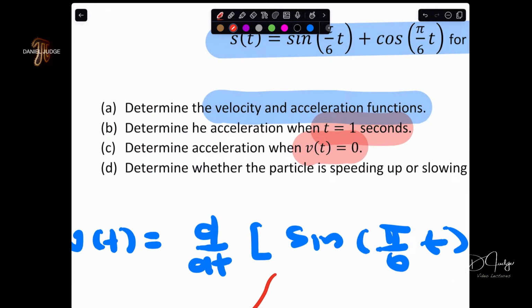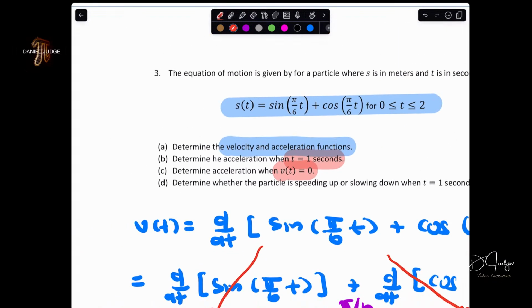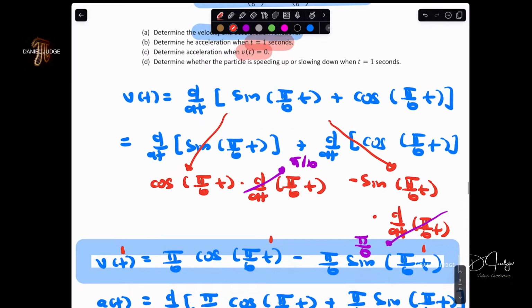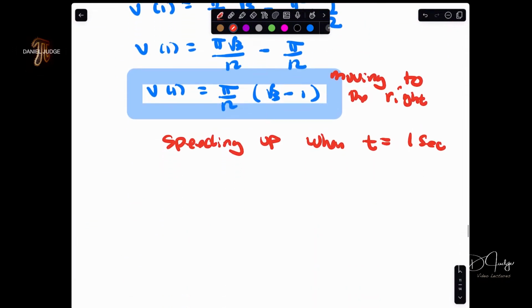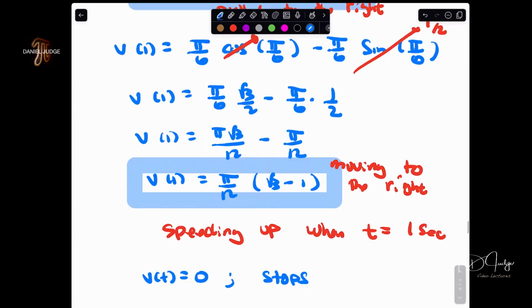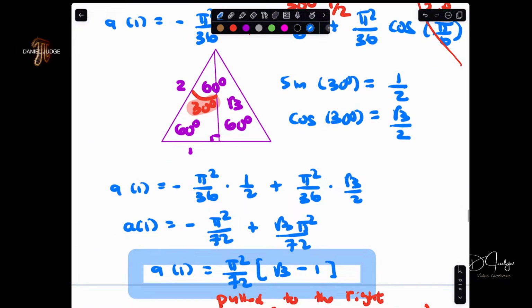Okay. So determine whether the particle is actually slowing down or speeding up. We answered that. Now, the stop question. The stop question again is going to be a trig question. The particle stops when velocity is 0. So I've got to go to the velocity function here.